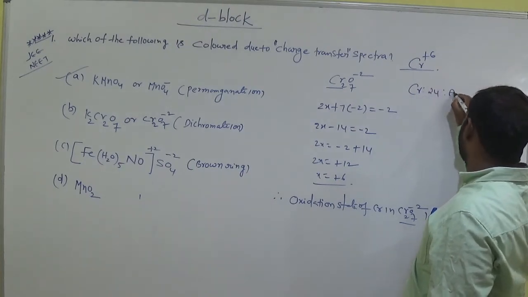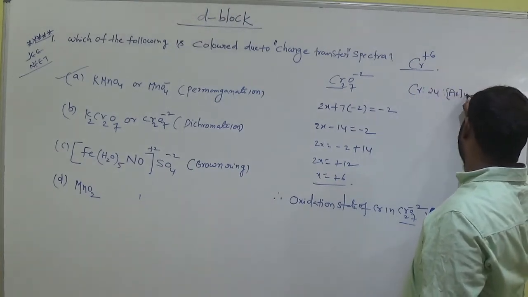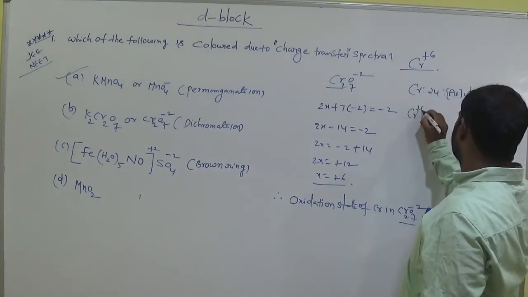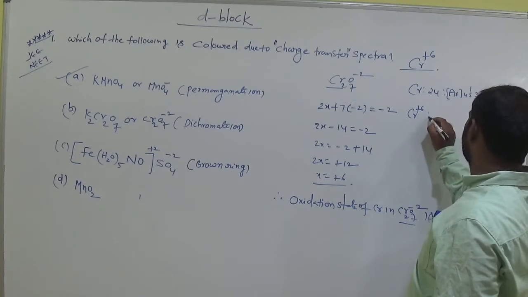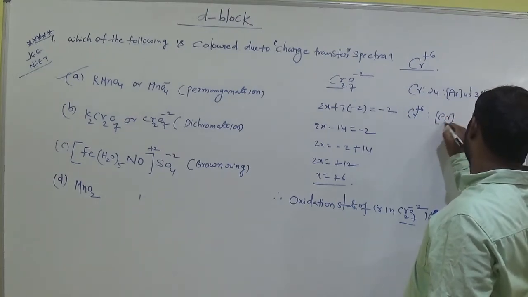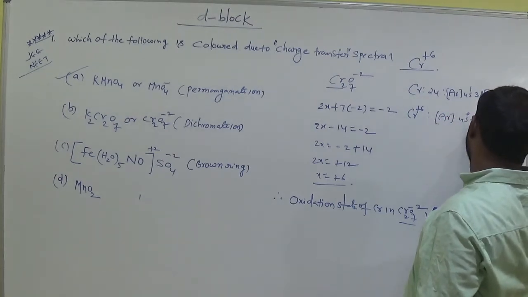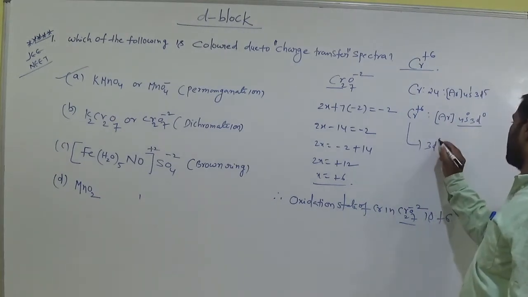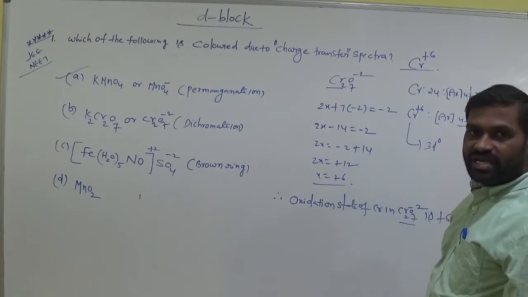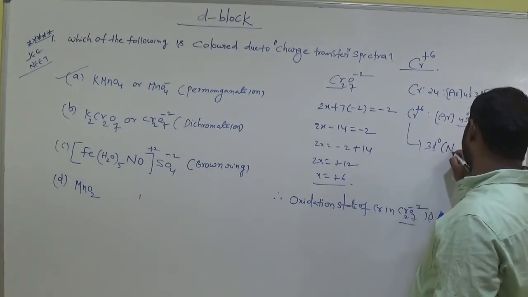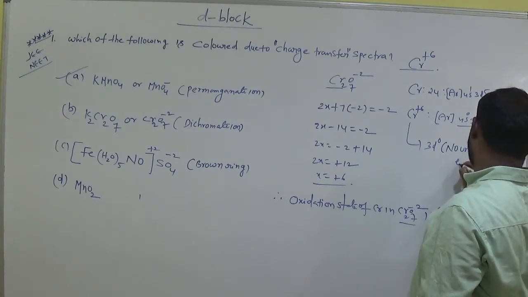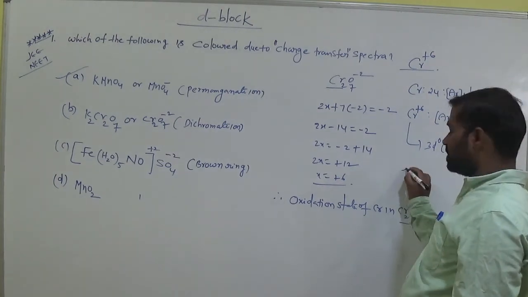Its electronic configuration is argon 4s1 3d5. Chromium plus 6 means remove these 6 electrons. Then argon 4s0 3d0. So in chromium plus 6, a 3d0 configuration is there. That means no unpaired electrons.